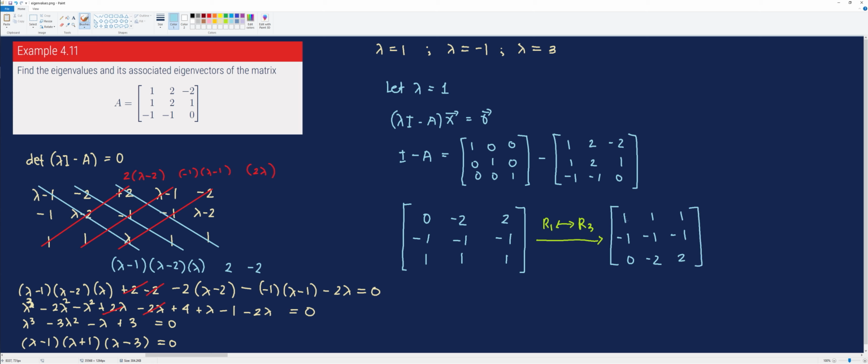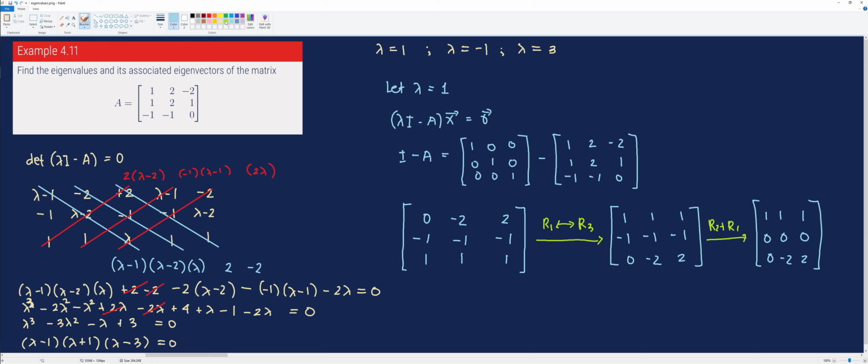Next, I will perform R2 plus R1. So our new matrix will be 1, 1, 1, and negative 1 plus 1 is 0, negative 1 plus 1 is also 0, and negative 1 plus 1 is 0.